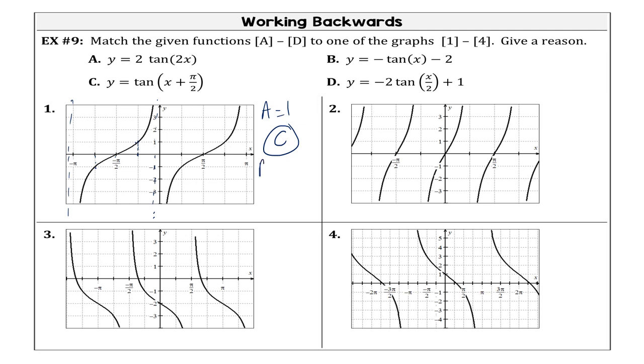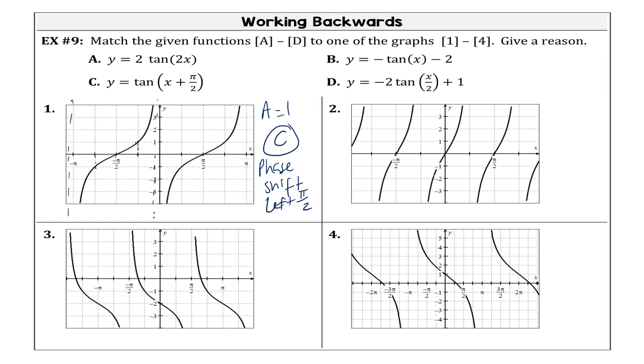That's because our phase shift, which is your C, says that we went left pi over 2. And then our period is still pi because we didn't have a B value, a horizontal dilation value.